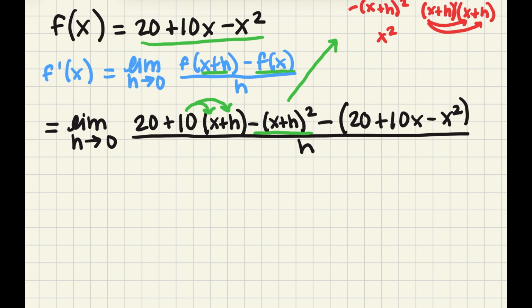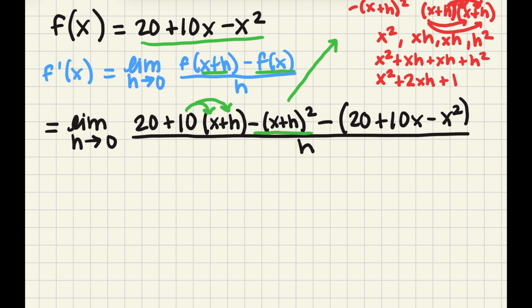So we have x squared, we have xh, so then if we distribute this h, you have hx, which again is just another xh. And then you have an h squared. So organized, you have x squared plus xh plus xh plus h squared. But xh plus xh is just going to give us 2xh, so x squared plus 2xh plus h squared.